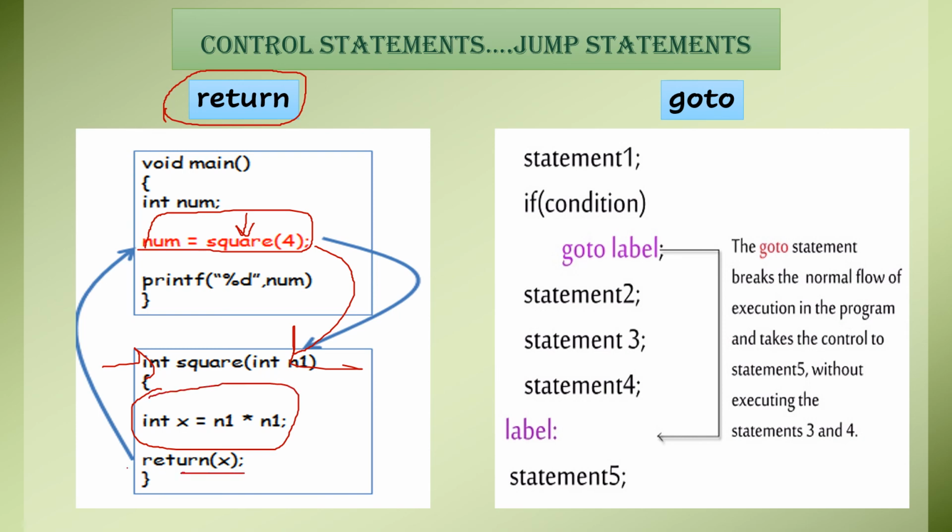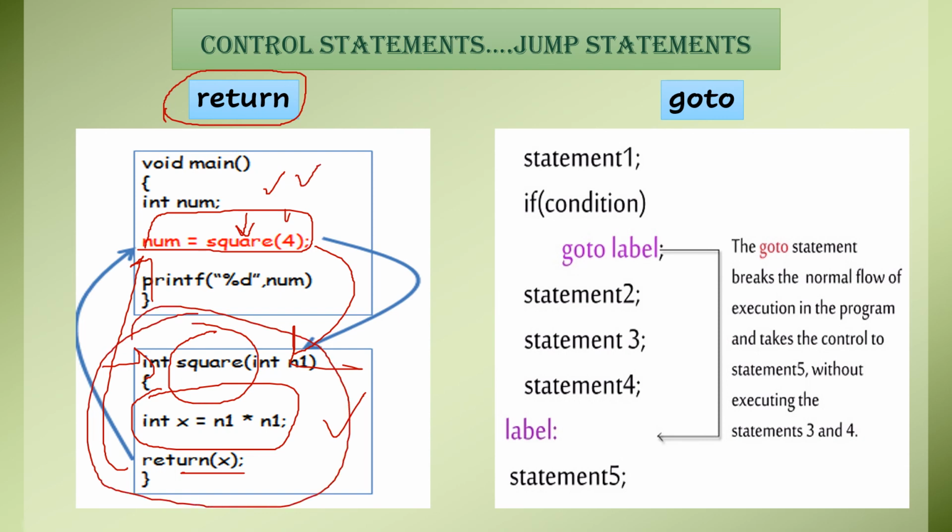That means the control would return back to here. So returning to the calling function: this is the calling function and this is the called function which has been called by the calling function. So after the execution of all these statements, if we write return, it will go back to the calling function.